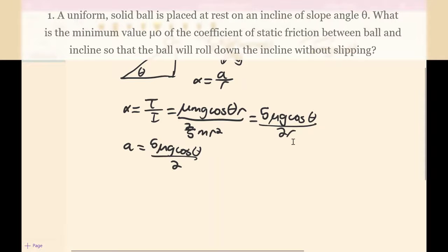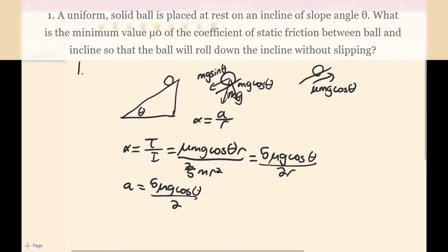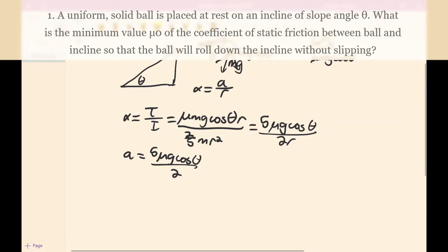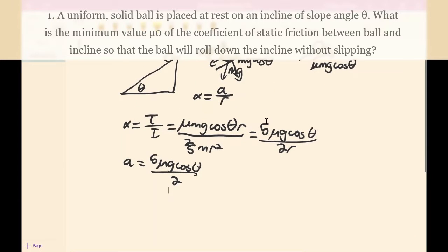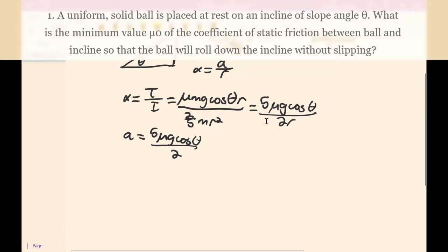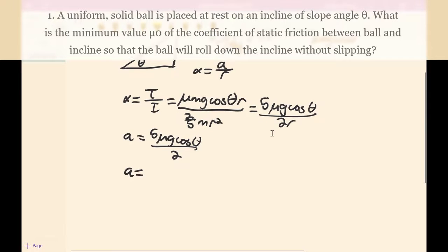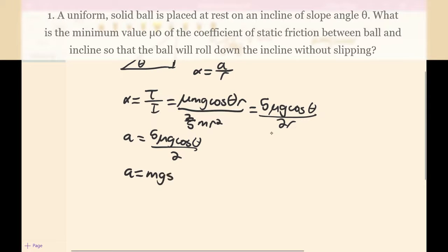Okay, so now there is another way that we can calculate the acceleration, which is just by looking at the forces on it. Since it's just going down the incline, the only two forces that we need to consider are this mg sine theta and this mu mg cosine theta. Since they're going in different directions, this a would have to also be equal to mg sine theta minus mu mg cosine theta, all over m. The m's all cancel out.